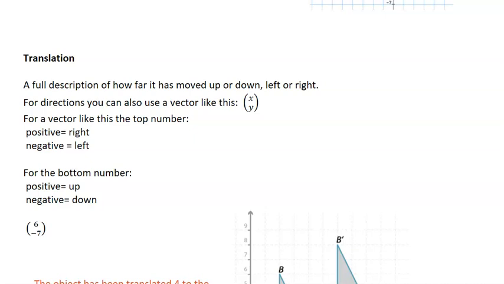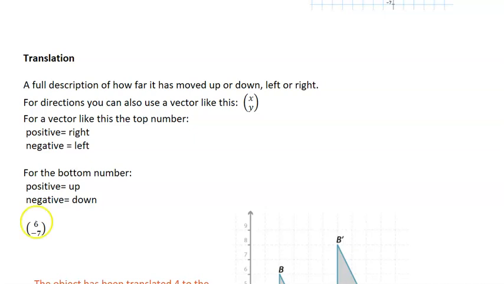So if the top number is positive, then the translation's going right. If the top number is negative, then the translation is going left. For the bottom number, if it's positive, that means it's going up, and if it's negative, it's going down.